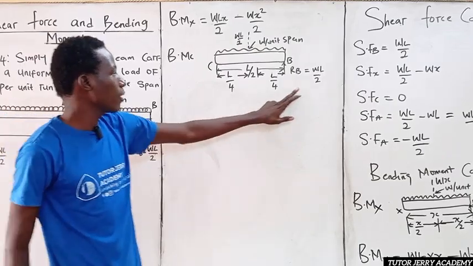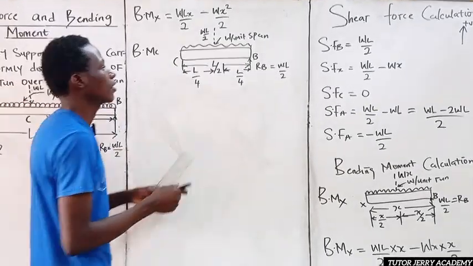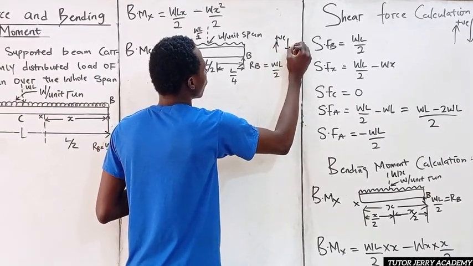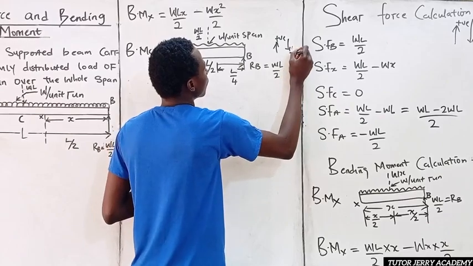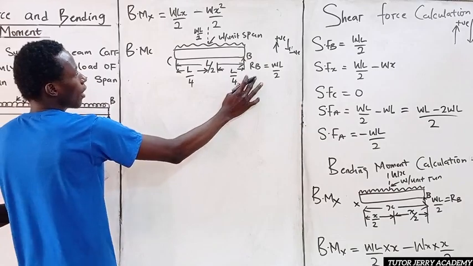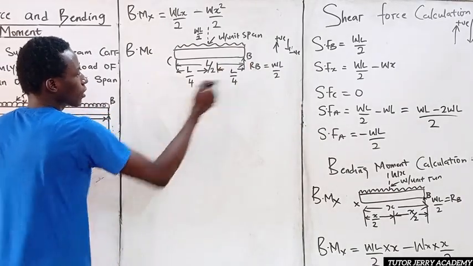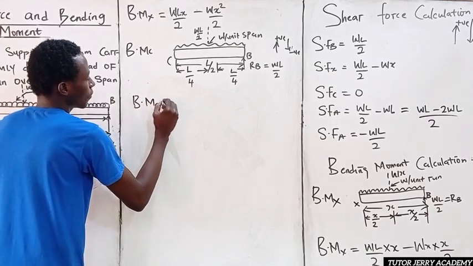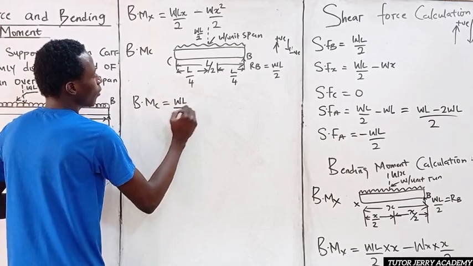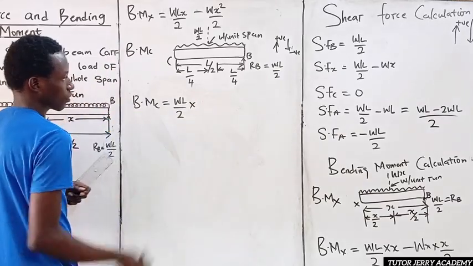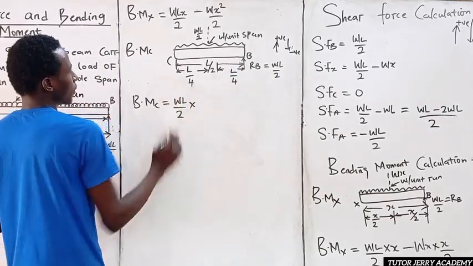Now, the bending moment at point C, we are taking upward force to be positive, downward force to be negative. So this will be our force at this point, which is WL all over 2. So bending moment at C is equal to WL all over 2 multiplied by the distance, because bending moment is force times perpendicular distance.